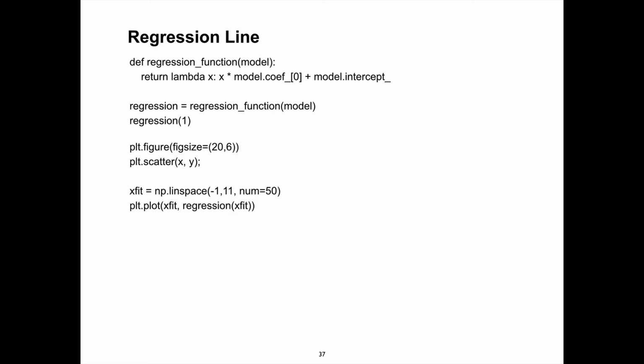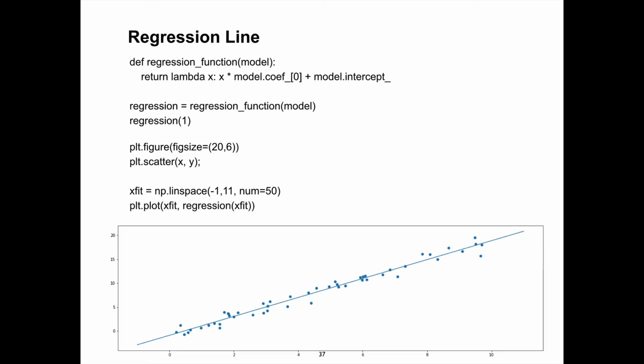And then, well, I forgot to include that chart, but what this is doing is the linear space, it creates 50 points starting at -1, evenly spaced up to 11. And that becomes where I want to evaluate the function. And I can then call my function on those points.